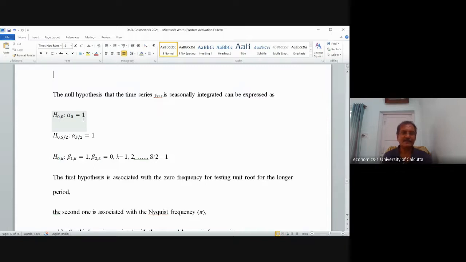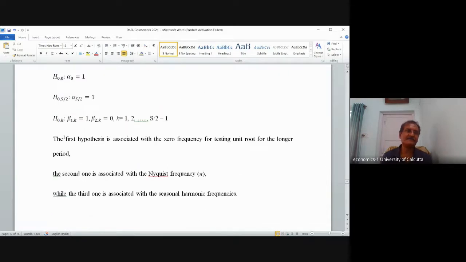This one is associated with the Nyquist frequency pi. The third null hypothesis, H naught K, beta 1 K is equal to 1, beta 2 K is equal to 0.